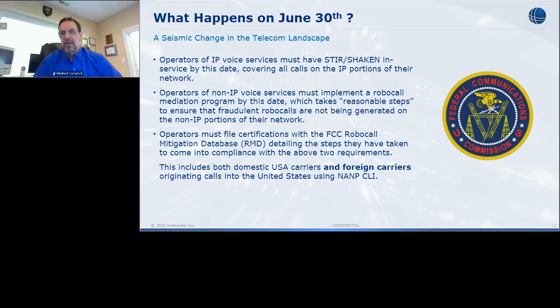Now, if you are a foreign carrier, a Vodafone, a DTAG, pick a carrier that is terminating traffic to the United States, and you are providing traffic, for example, from U.S. roamers, you're presenting calls to the United States using North American number plan resources. And those calls may be rejected if you, a foreign carrier, have not registered in the FCC's robocall mitigation database.